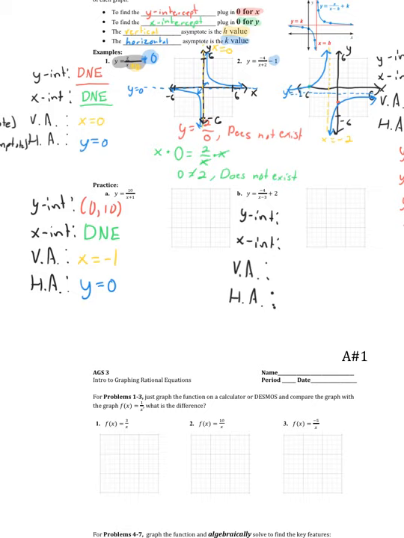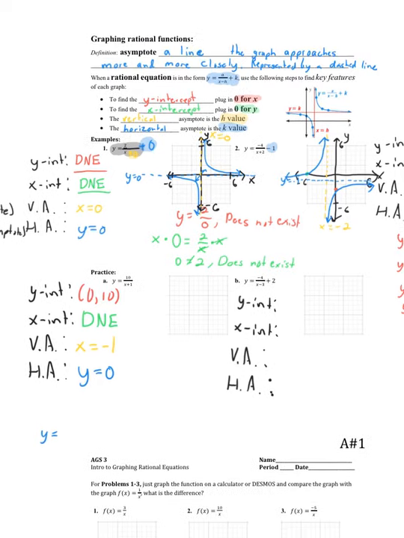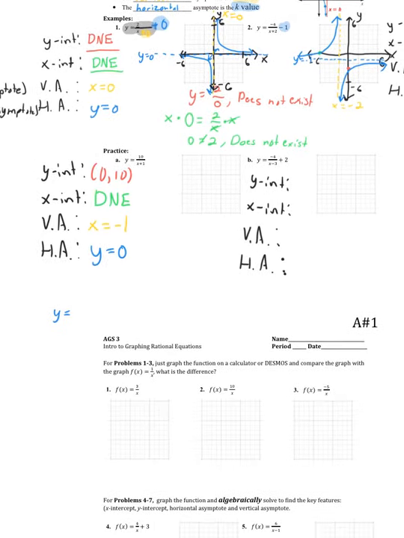All right, good. Let's take a look at the asymptotes. For the vertical asymptote, the parent function was y equals a over x minus h, plus k. It says whatever the h is, that's what the asymptote's going to be.